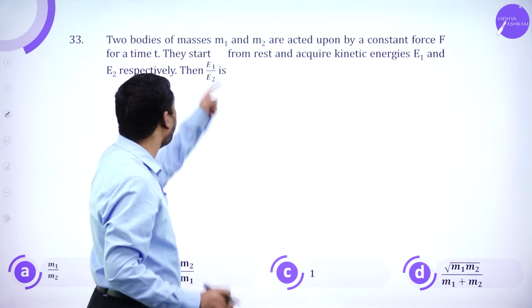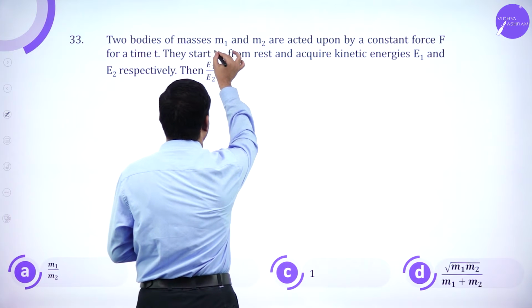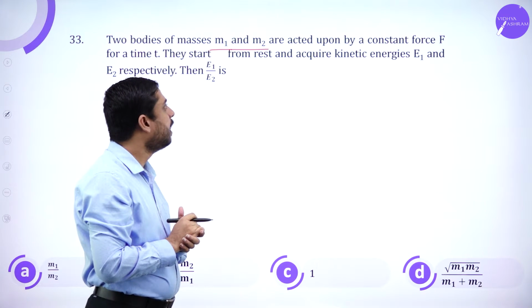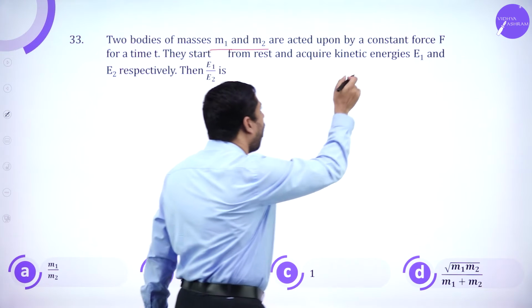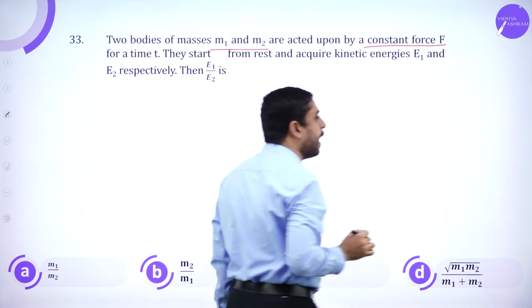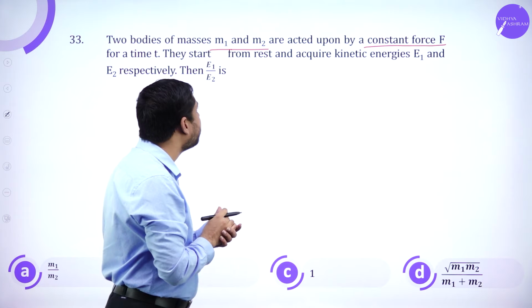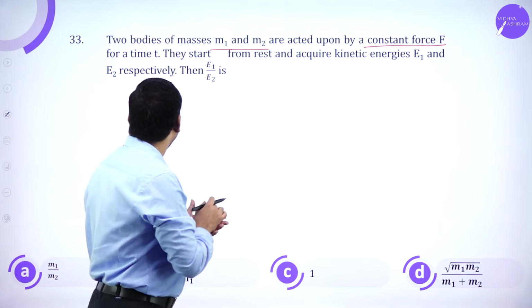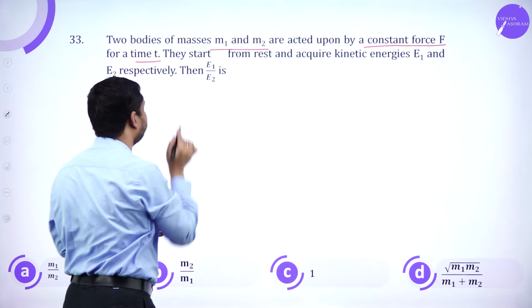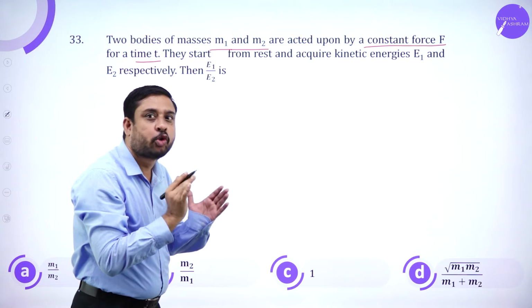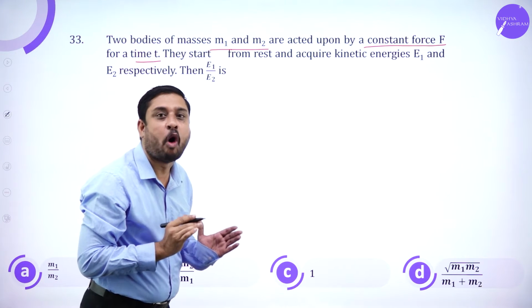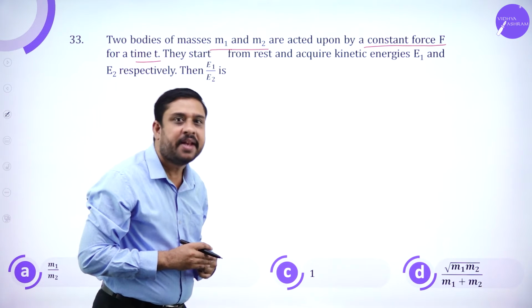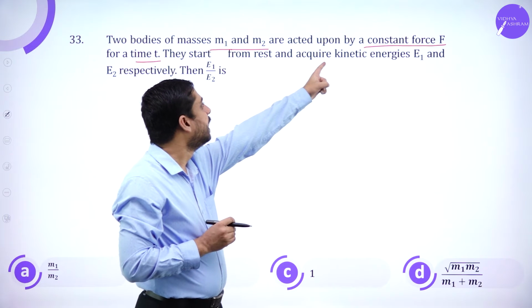Now, two bodies of mass m1 and m2 are acted upon by a constant force F for a time t. There are two bodies, mass m1 and m2.